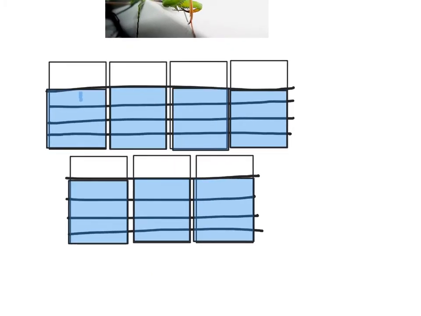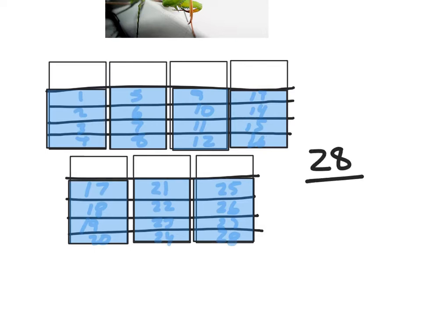So I've got 1, 2, 3, 4, 5, 6, 7, 8, 9, 10, 11, 12, 13, 14, 15, 16, 17, 18, 19, 20, 21, 22, 23, 24, 25, 26, 27, and 28. So I get 28/5, right? Okay, and that's what I've got right here.